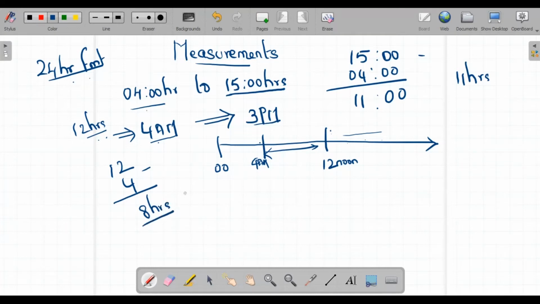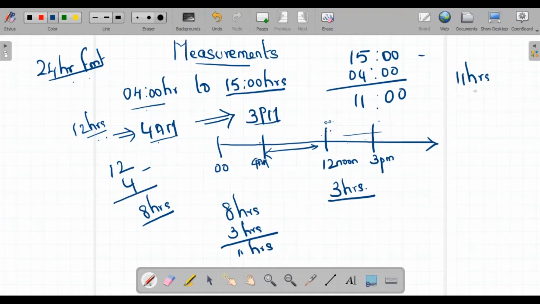Now between 12 noon and 3 p.m., I will find out how many hours have passed. 12 is like a 00 unit. So between 12 and 3, 3 hours have passed. Now I can add these 3 hours to the 8 hours. So it becomes 8 hours plus 3 hours, which is 11 hours.